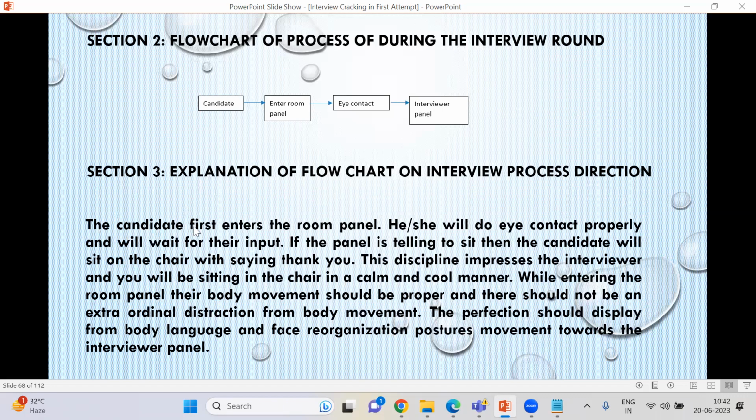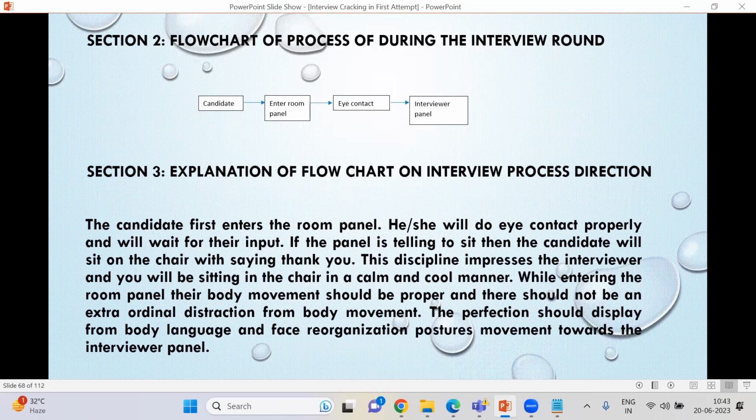So section 3 is mainly talking about the precautions to be taken by the candidate during the interview. Mainly it focuses on the posture and body movement at the time of the interview round. The posture should not be rigid, it should not be fearful, and it should not be very tight.